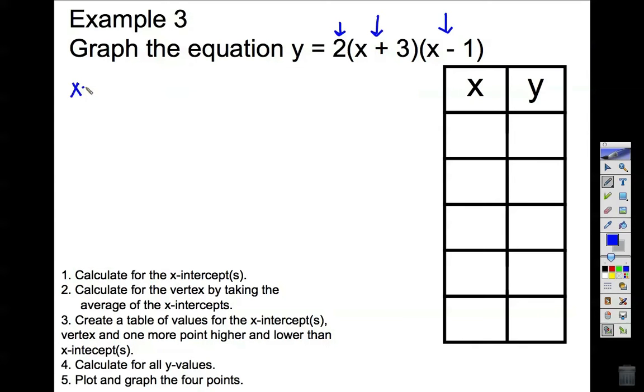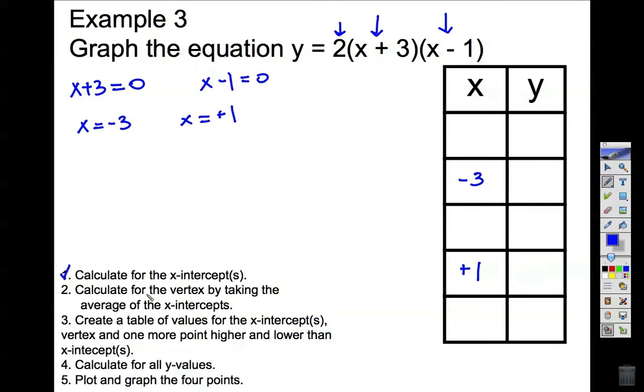So x plus 3 equals 0. x minus 1 is equal to 0. This is going to help create our x-intercepts, in this case plural because we have two different solutions. So -3, +1. That's the first thing we want to do.